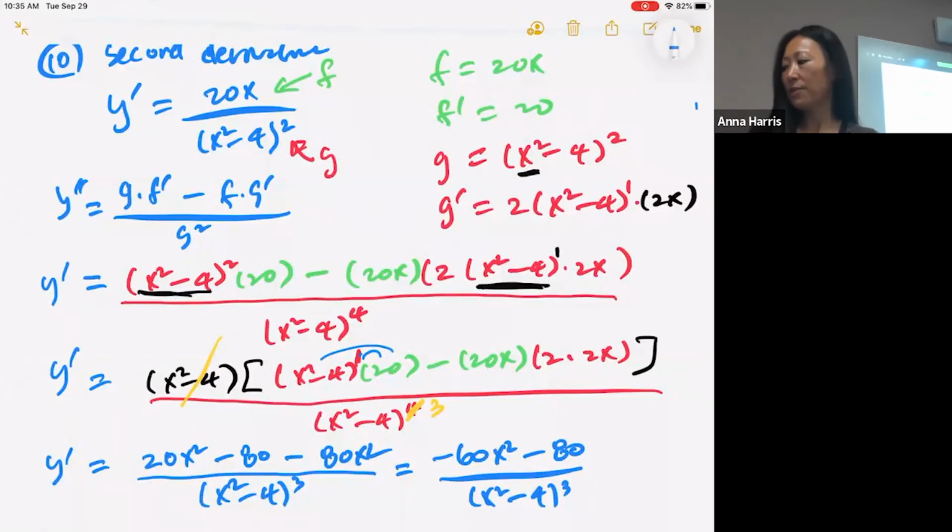Is everybody with me now? So far, so good? Now the next one says find the second derivative, critical numbers, critical points, inflection numbers. Inflection number means you set the second derivative equal to 0 and solve for x. That's why it's the inflection point. So I'm doing number 14.